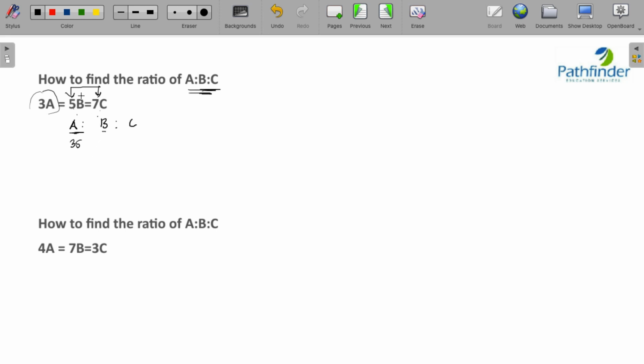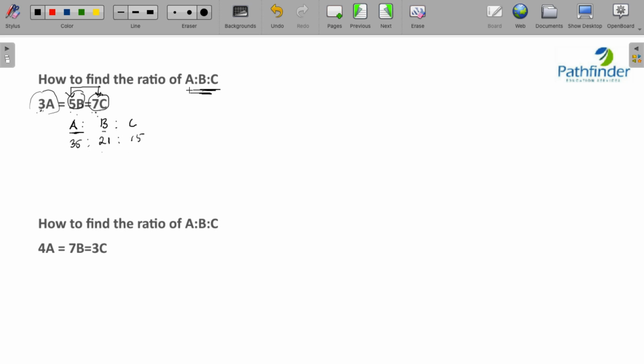For B, just ignore the second term, and multiply 3 and 7 from the first and the last term respectively. So 3 into 7, 21. For C, ignore the third term and multiply 3 into 5, 15. So 35 as to 21 as to 15.